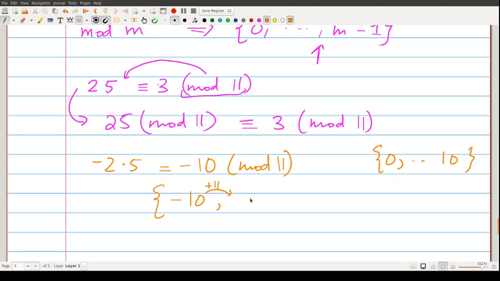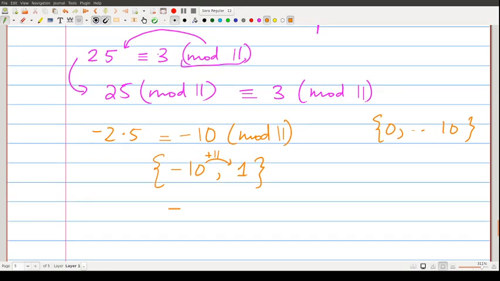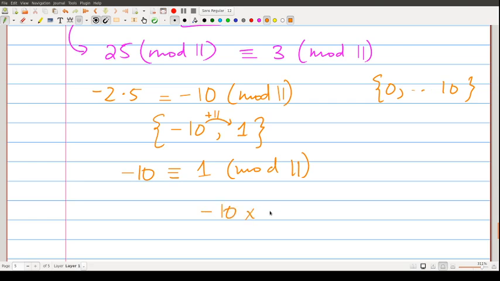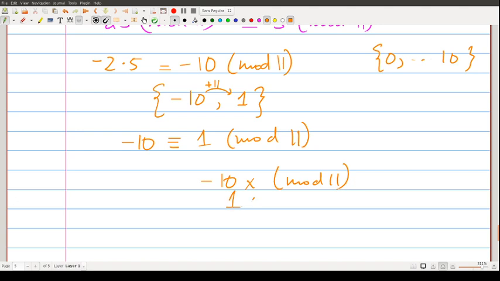Minus 10 plus 11 is simply 1. So minus 10 is congruent to 1 mod 11. So when you have minus 10x mod 11, you can write it as 1 times x mod 11, which is simply x mod 11.